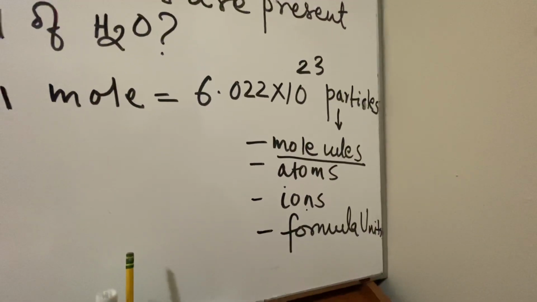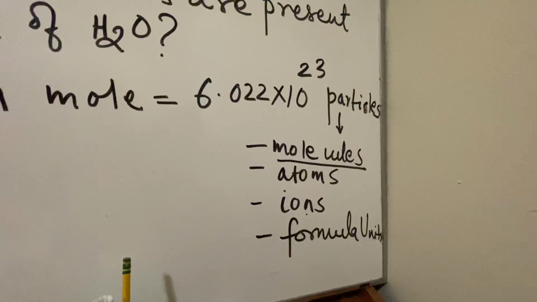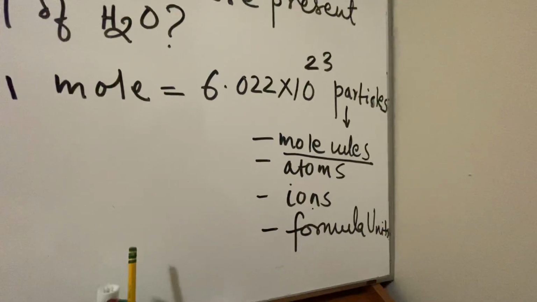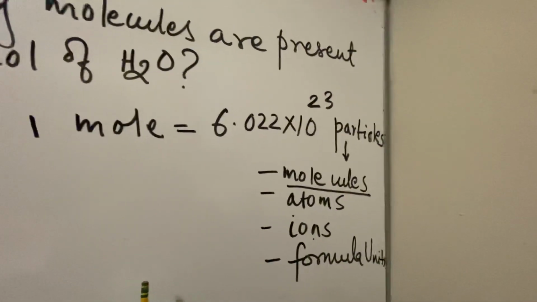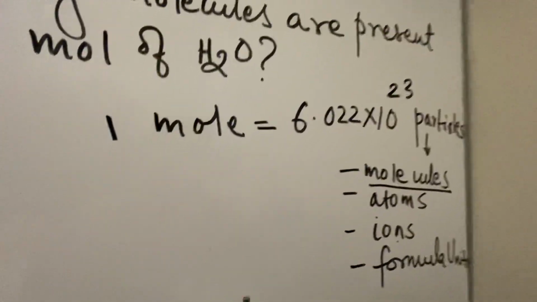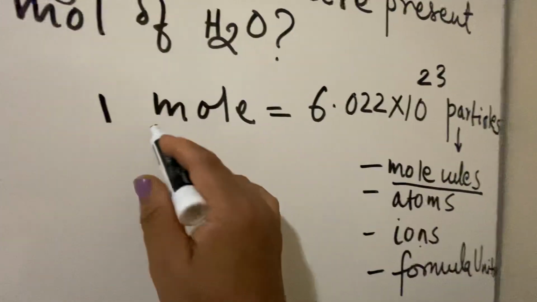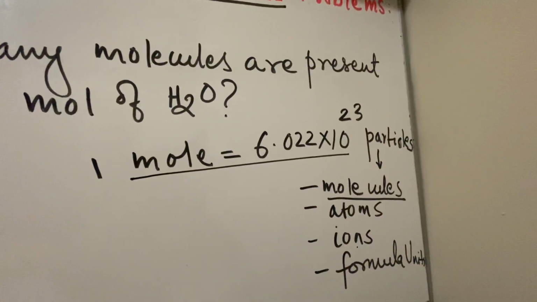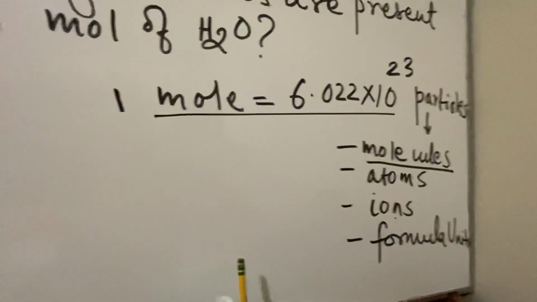So they might ask how many formula units are in 1 mole of sodium chloride, let's say. So we're going to give an example of each one of them, but make sure you remember that 1 mole is always equal to 6.022 times 10 to the power 23 particles, right?